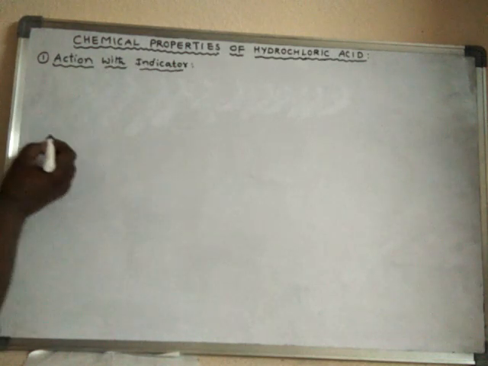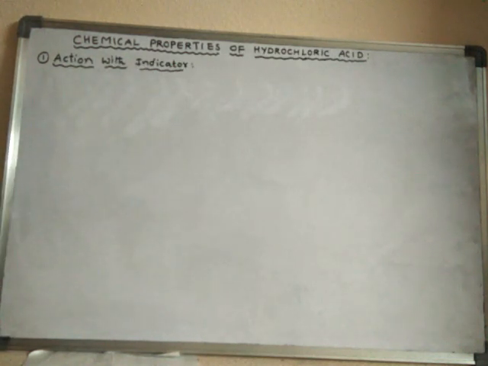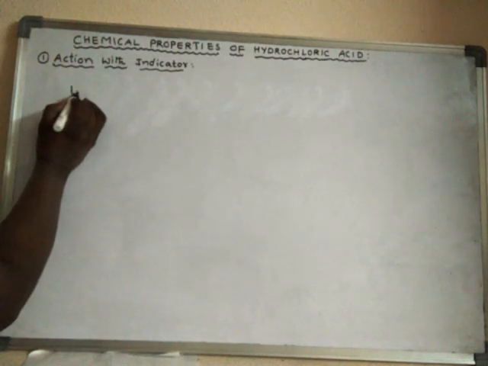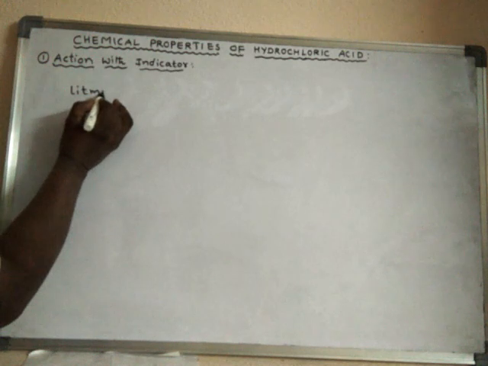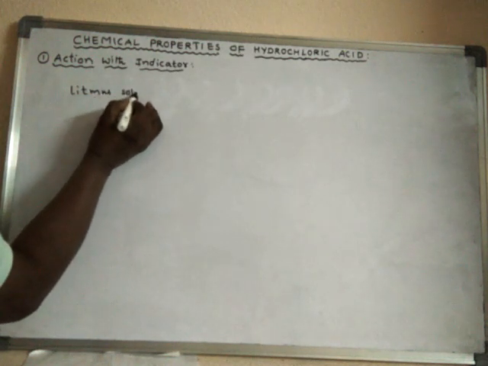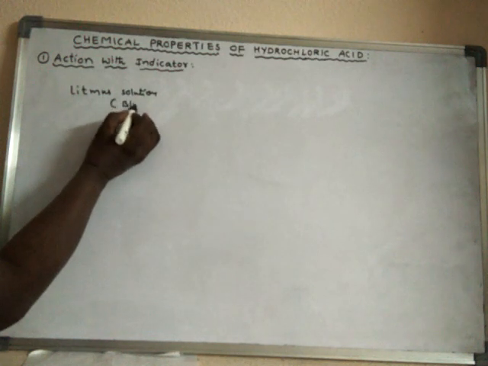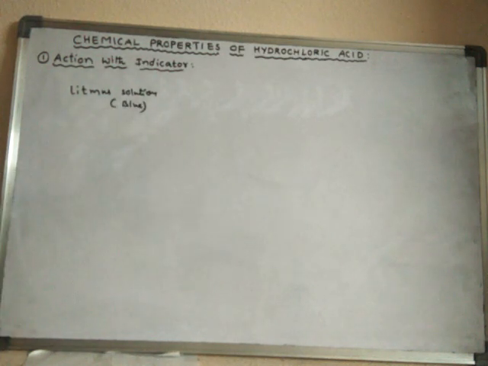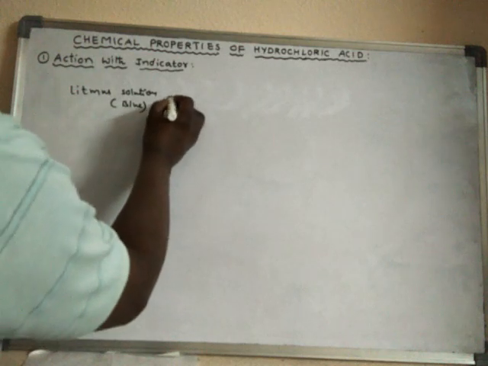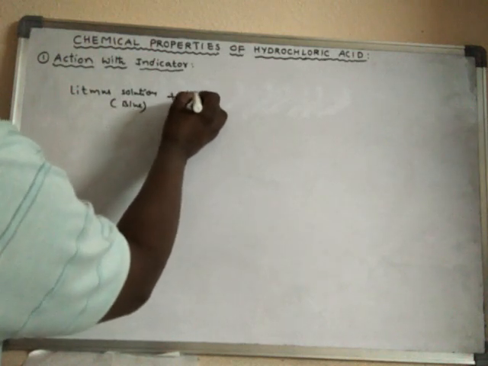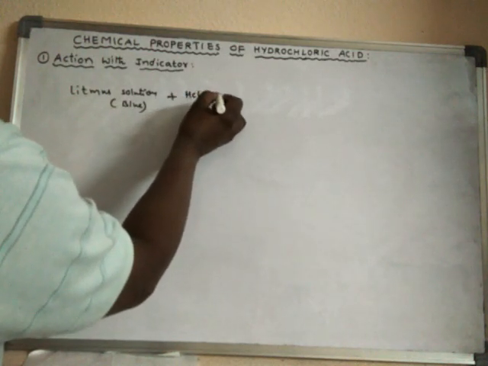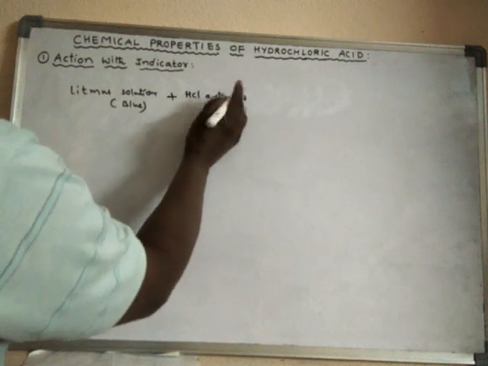For example, if you take litmus solution, originally it is blue in color. So the blue litmus solution, with hydrochloric acid, HCl acid, turns what?